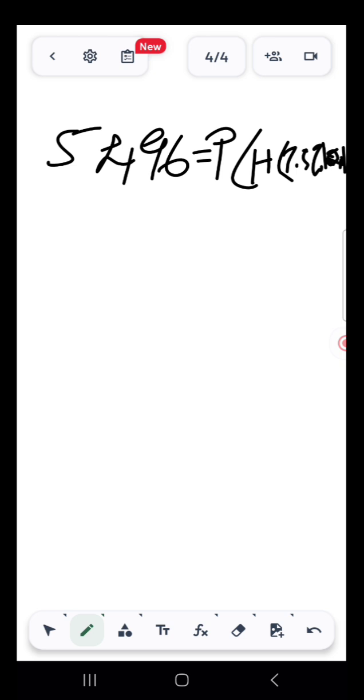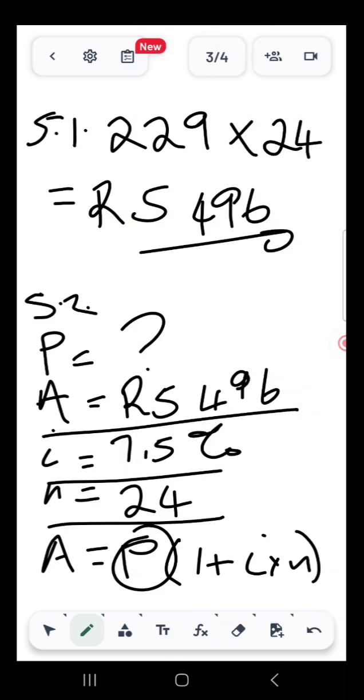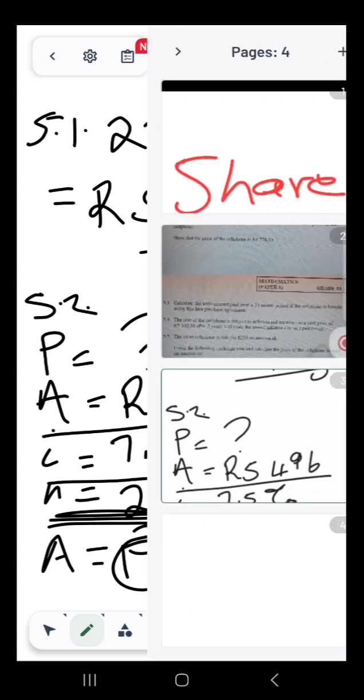Remember, our number of payments is 24 months, which is also 2 years.